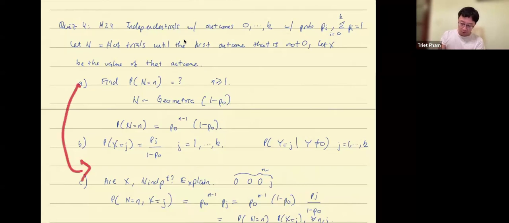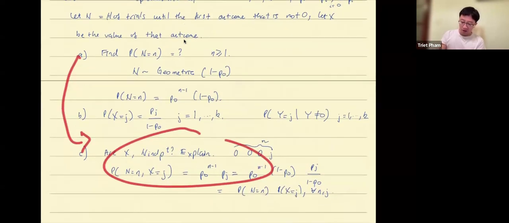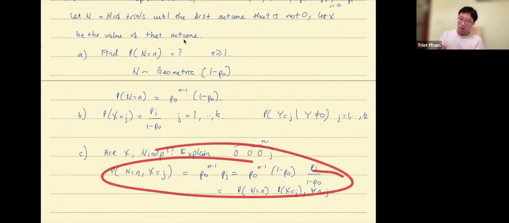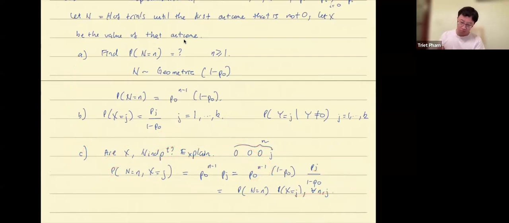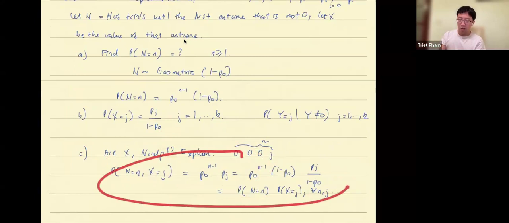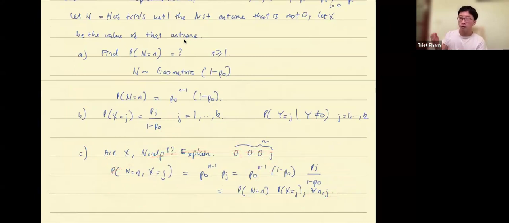Well, in view of that, why is it then that they're independent? This explains why you need calculation to back up your intuition, or to clarify your intuition.